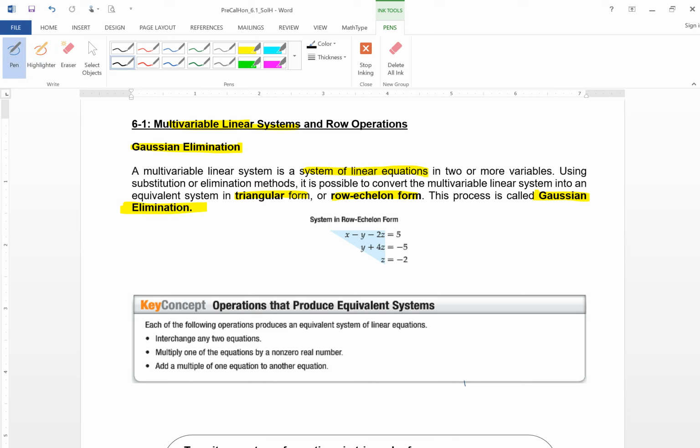Basically, what you have to do is eliminate all terms in the bottom left-hand corner.